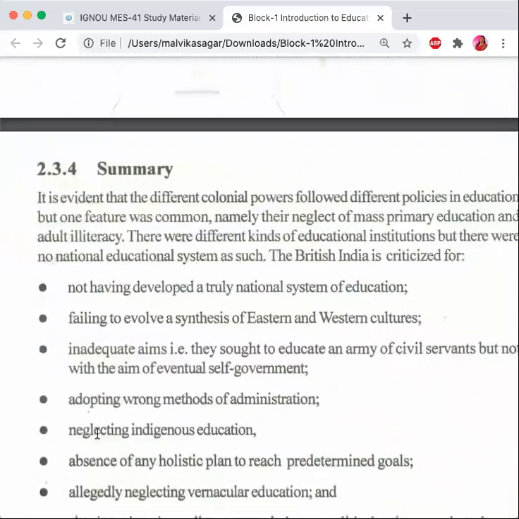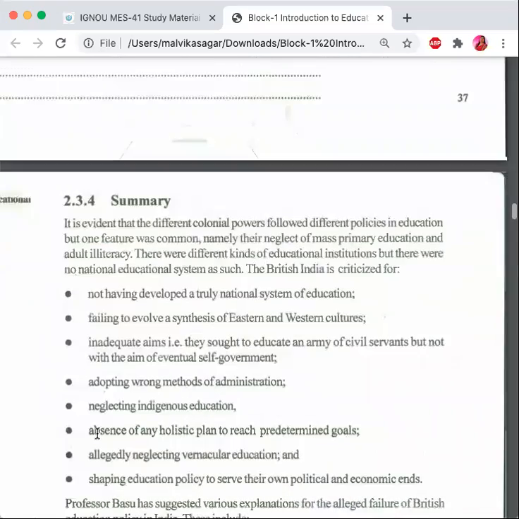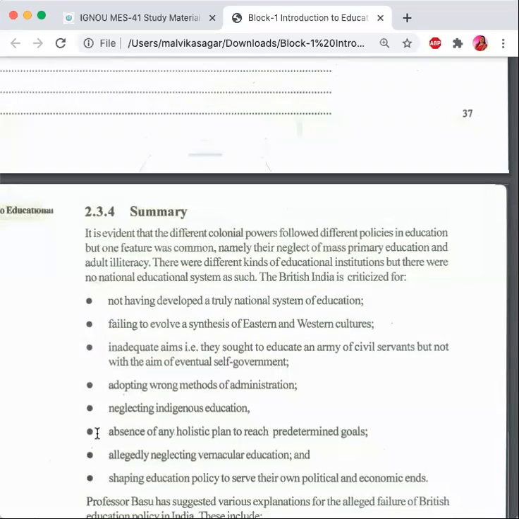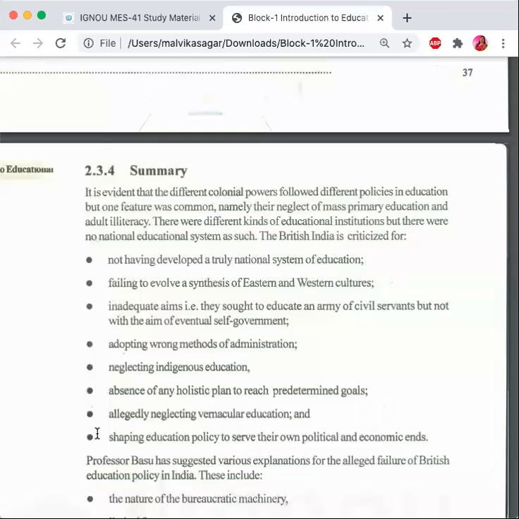So let us quickly summarize whatever we have studied till now. It is evident that the different colonial powers followed different policies in education, but one feature was common, namely, they neglected mass primary education and adult literacy. There were different kinds of educational institutions, but there were no national education systems as such.